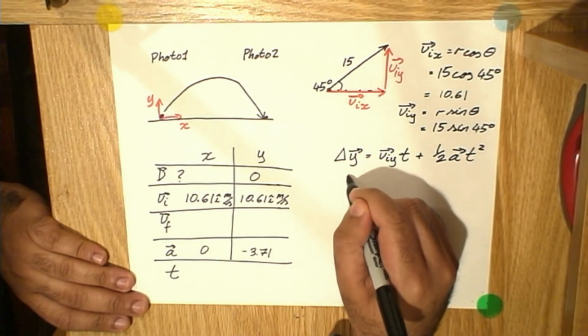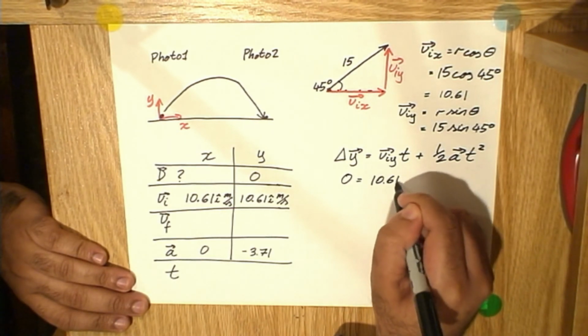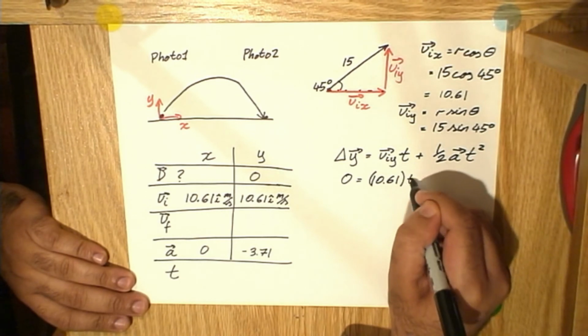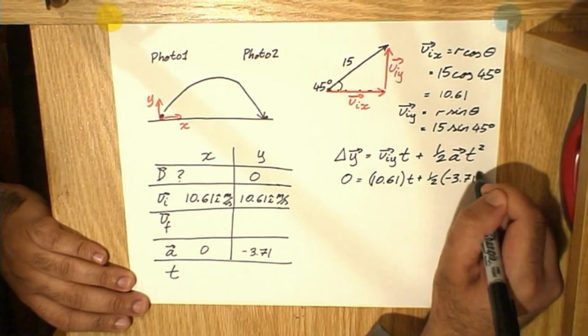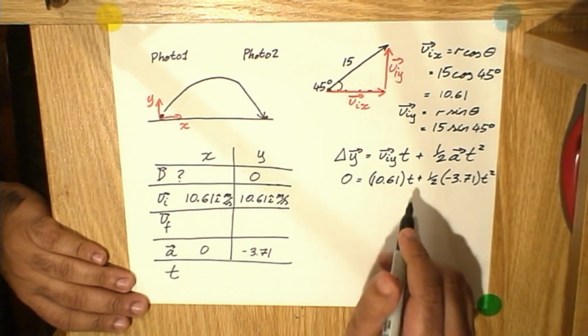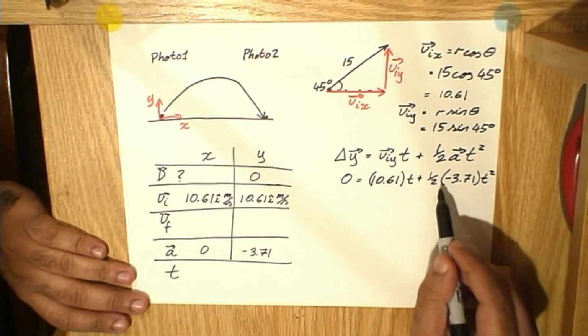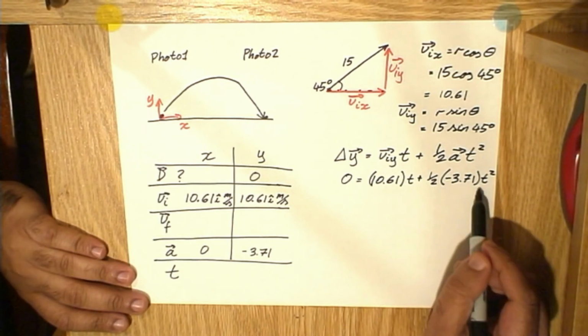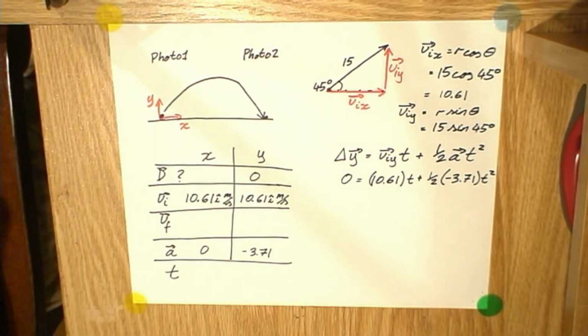So delta y, 0, is equal to v initial, which is 10.61, times time, which is unknown, plus 1/2 times negative 3.71 times time squared. Now I can simplify this by dividing everything by time. I can also take 1/2 of 3.71, that would be 1.855.